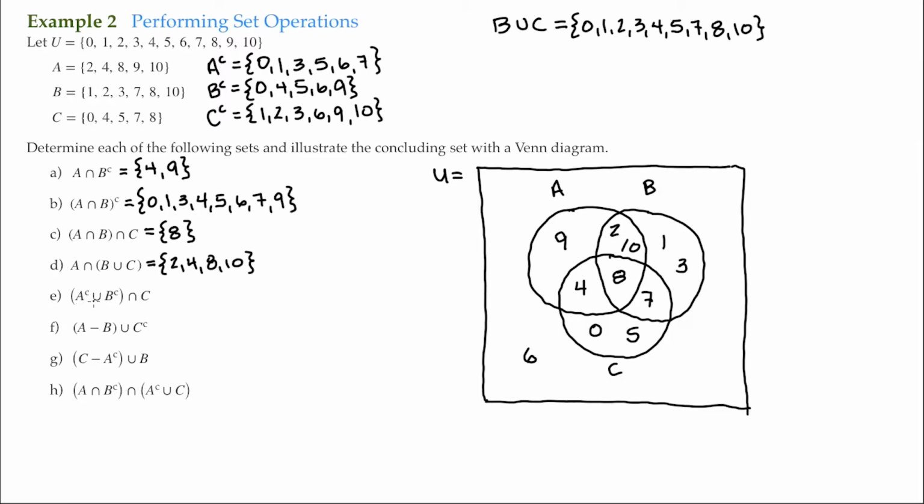Again, we have A complement union B complement. That's in parentheses, so we'll do what's inside the parentheses first. And where does that intersect set C?